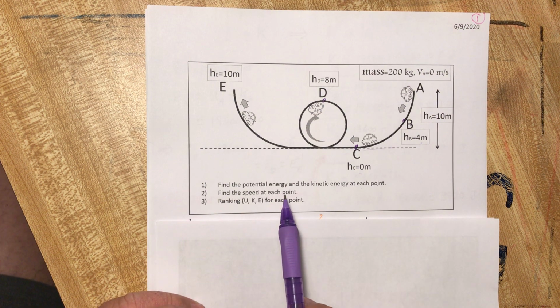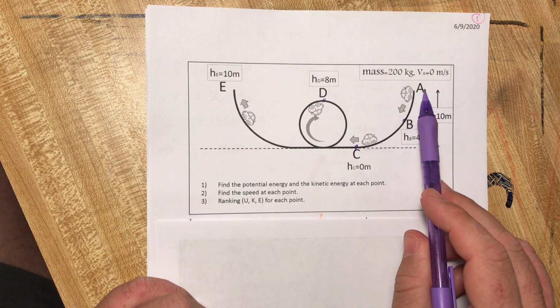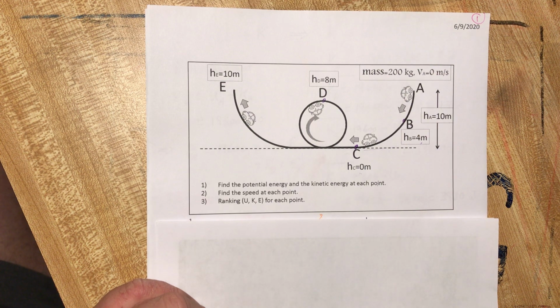It is just a numerical value, a scalar value. At each point, we need the speed at A, at B, at C, at D, and at E. And we need to rank the potential energy, the kinetic energy, and the mechanical energy for each point.